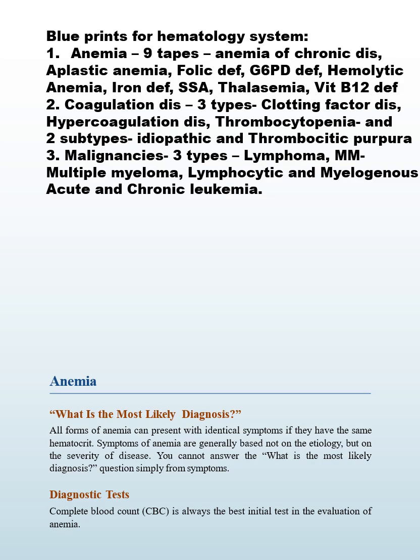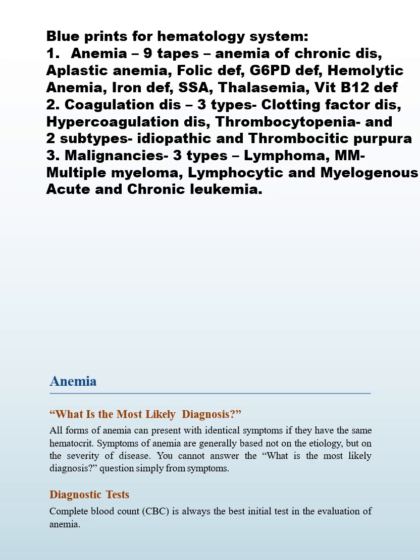Number 6, iron deficiency anemia. Number 7 is sickle cell anemia. Number 8, thalassemia. And the last one, number 9, vitamin B12 deficiency anemia.